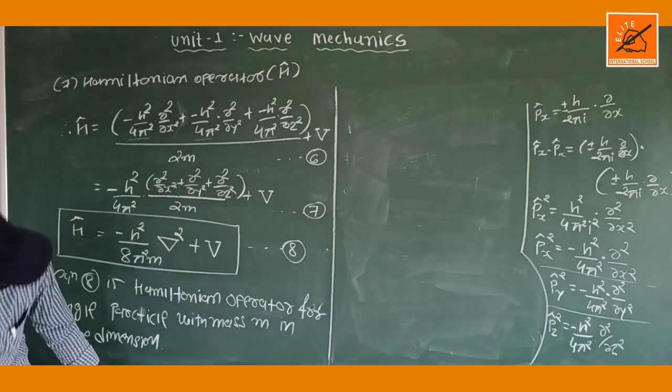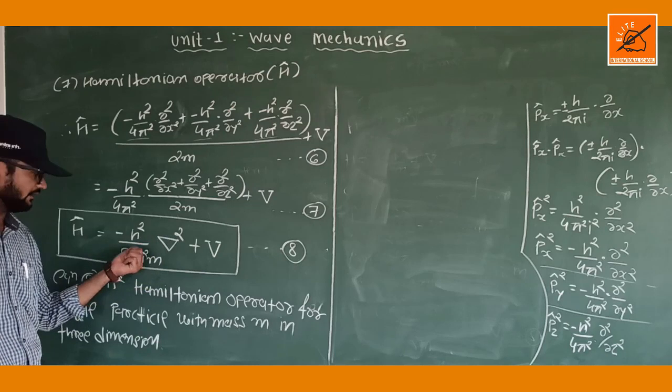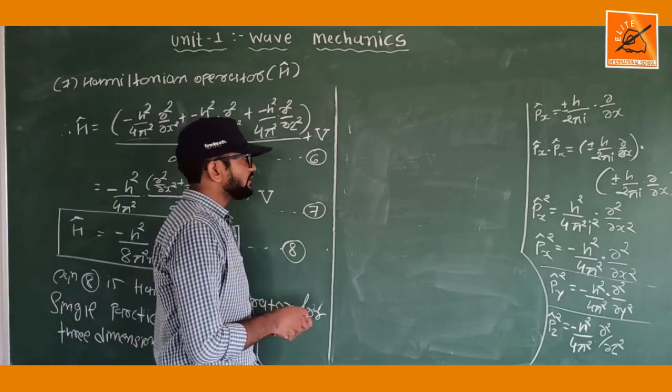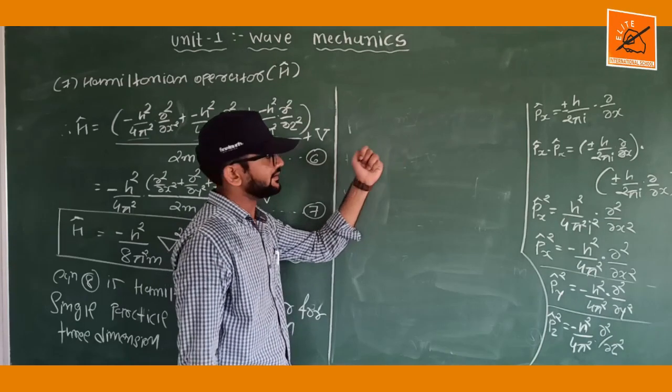Suppose the particles are not exactly one, it means not a single particle. At that time, suppose we assume i number of particles.